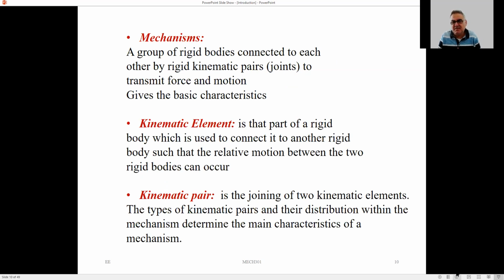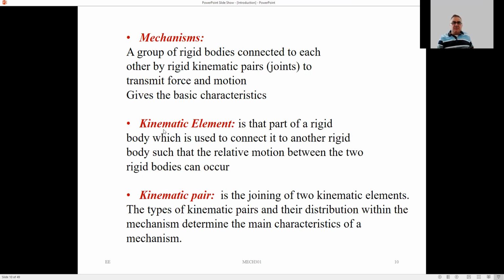This is just another definition. Mechanism, kinematic, this is another notation. A mechanism is just obtained by connecting rigid bodies by joints, okay? But I wanted to tell you this notation.